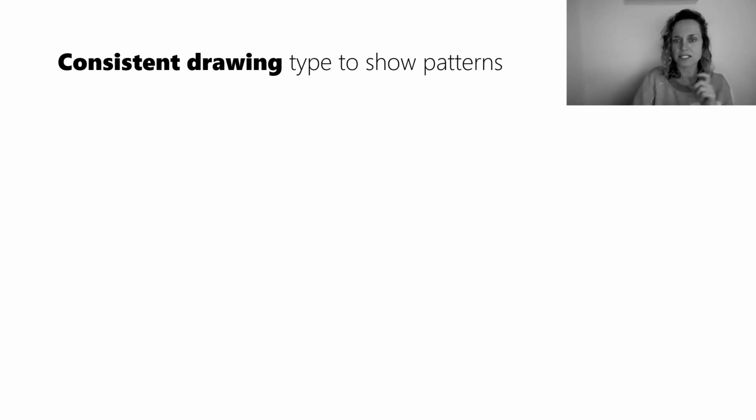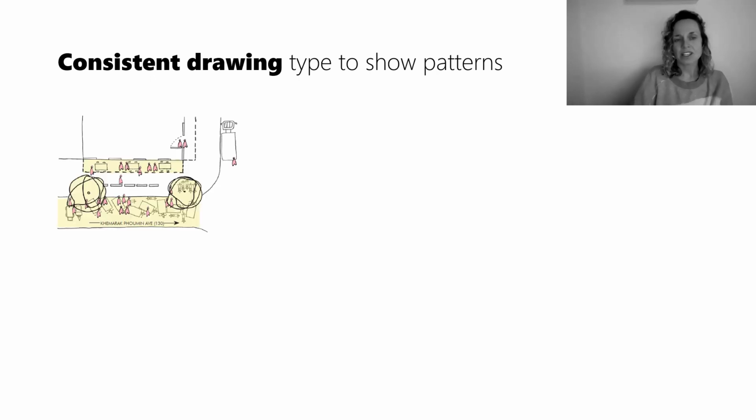The first is consistency. If the goal here is to show patterns of street life and to ultimately find lessons for great community-led streets, we need to have some consistency so that we focus just on that pattern. You might decide to draw just in plan.